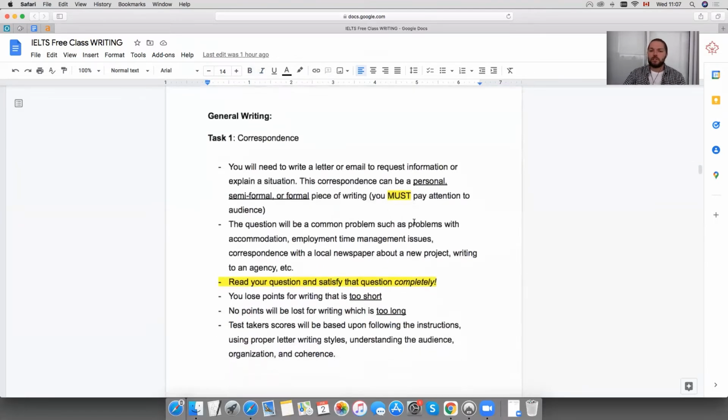So what do you need to do in these individual questions? To start off with the correspondence, you have to explain the situation. Maybe you need to request information, or the idea that you need to perform will be in the question. The correspondence can be personal, semi-formal, or formal. This is a very important idea.